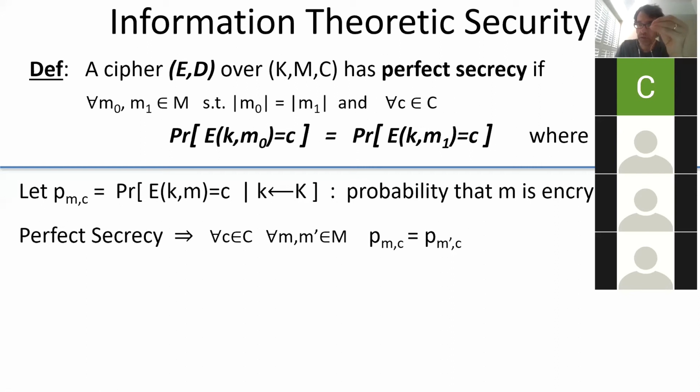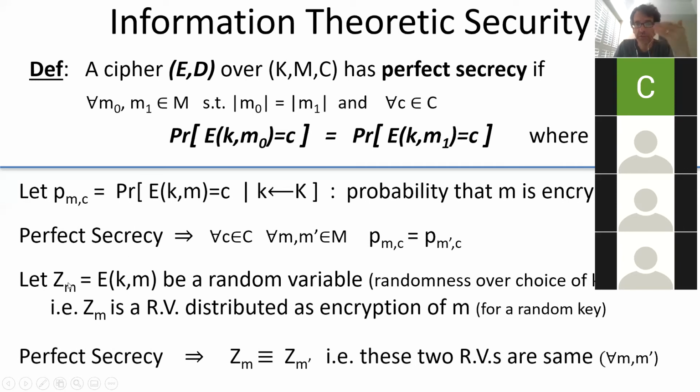So it's as if the ciphertext is chosen every time from this fixed distribution PC. And because this distribution does not depend on the plain text, encryption looks independent from the plain text. Therefore, encryption doesn't carry any information about the plain text.